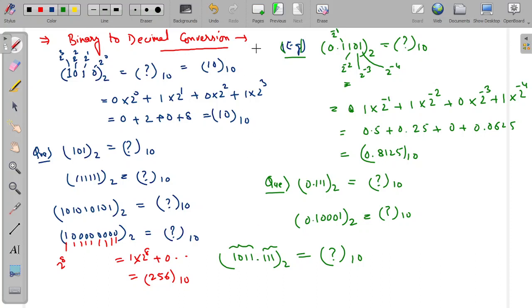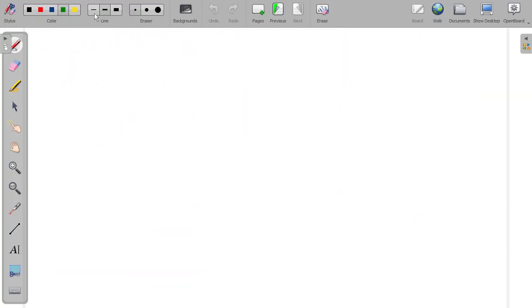Okay, so again we can have different numbers. We actually have different number representations apart from binary and decimal. Like we have something called octal number representation.